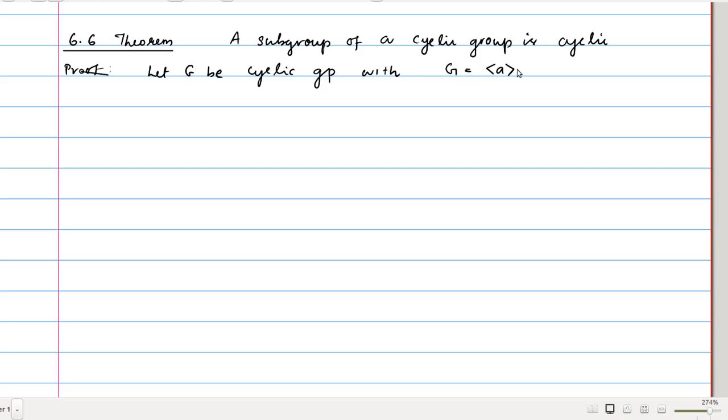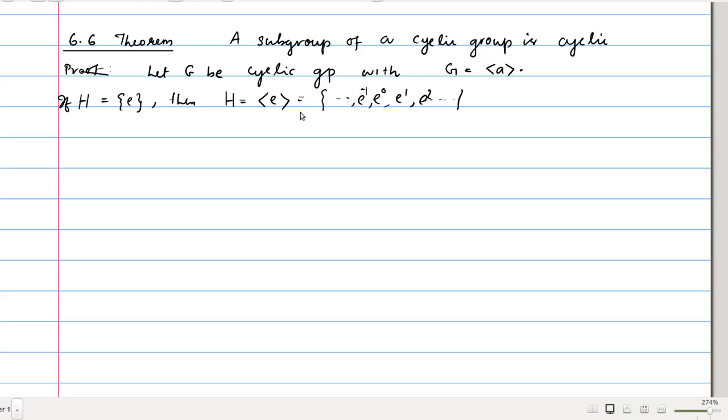So this A is the generator for G. Then we need to take an arbitrary subgroup H of G. If H is equal to the singleton set {E}, then you can easily write that the subgroup is a cyclic group generated by E itself, because the subgroup generated by E consists of E only: E raised to 0, E raised to 1, and so on, are all E itself.